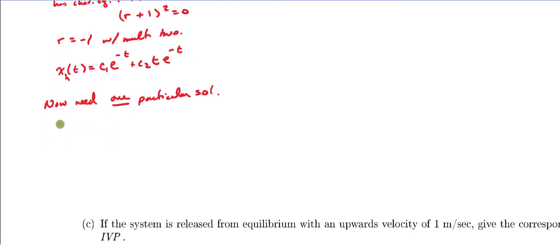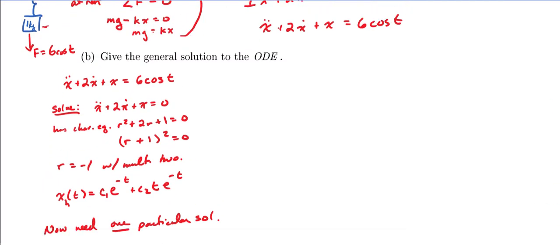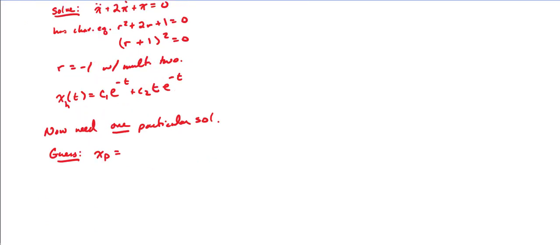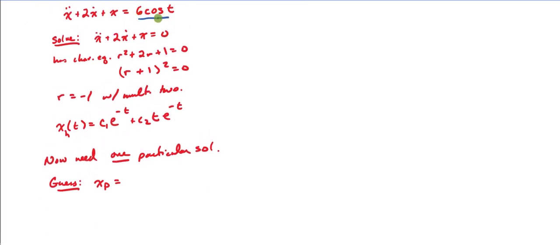So we need one particular solution, we need to guess at it, and if we look at our forcing function, our forcing function is this 6 cosine of t. So our guess at x particular needs to take into account all linearly independent functions that show up in the forcing function, any linear combination of those, plus any of their derivatives.